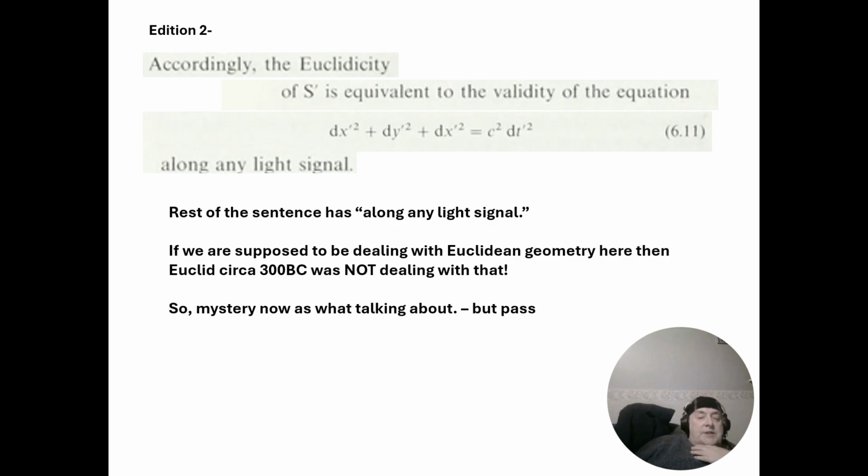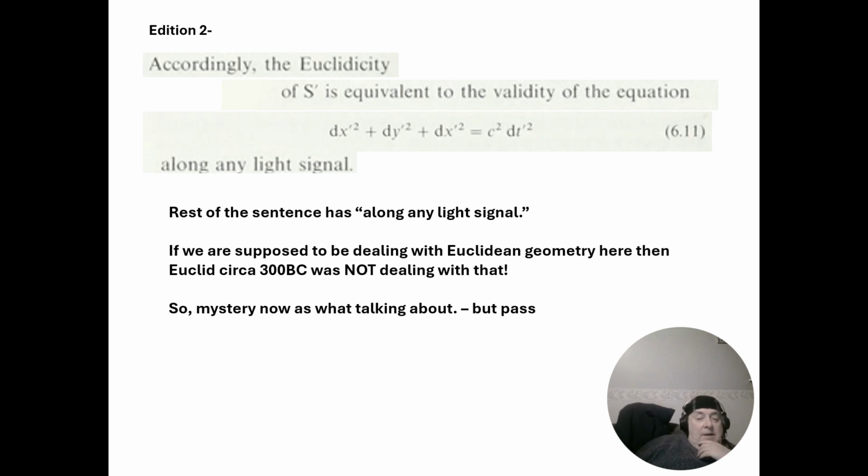But the rest of the sentence goes on to say along any light signal. So that equation 6.11 is supposed to apply to any light signal. Now, if we're supposed to be dealing with Euclidean geometry here, then Euclid was about 300 BC, and he wasn't dealing with that.